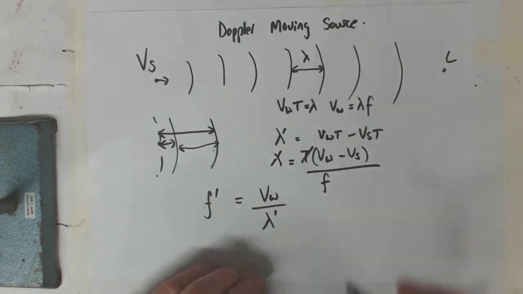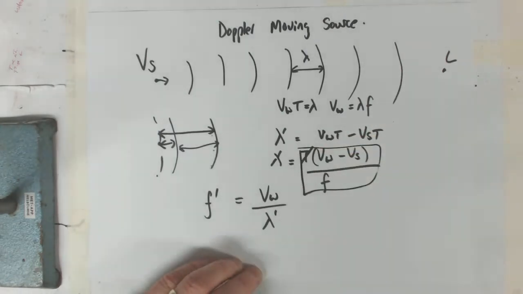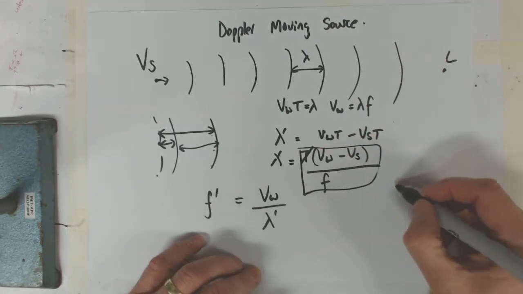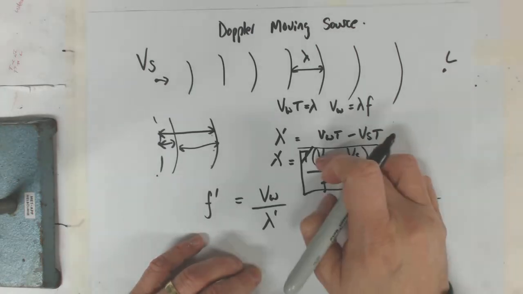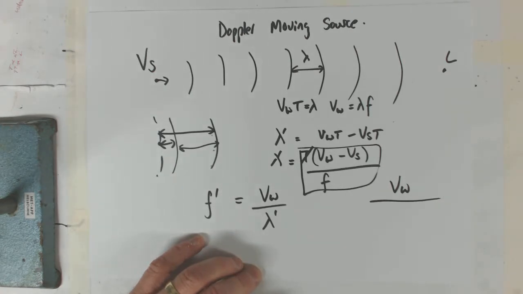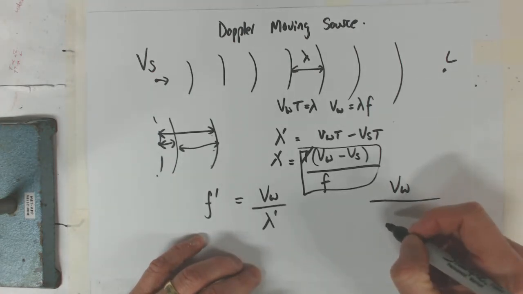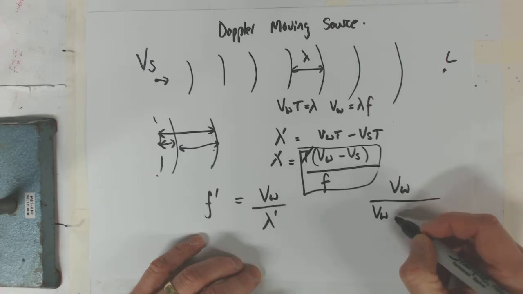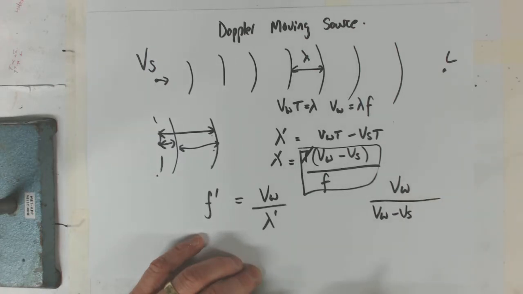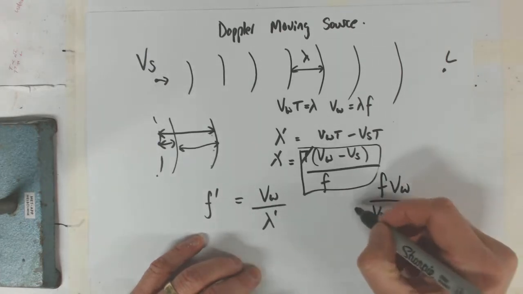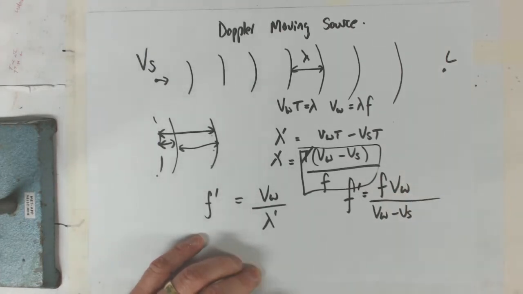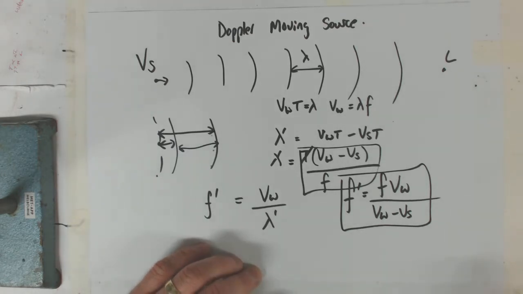So we can go VW divided by this guy here, which is VW minus Vs, all over F, and the frequency gets flipped up. So the new F dash is equal to VW over VW minus Vs, times F. Make sense? Which hopefully is what you've got.